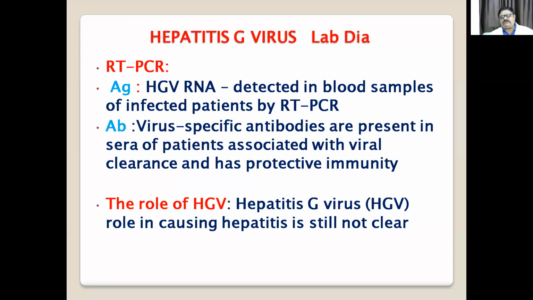So, to have a quick look at what we have seen in the past two classes, we have seen about hepatitis causing viruses, a heterogeneous group which consists of A, B, C, D, E, and G. A is through contaminated water sources, milk or food.